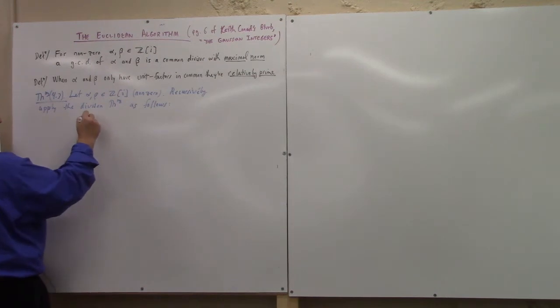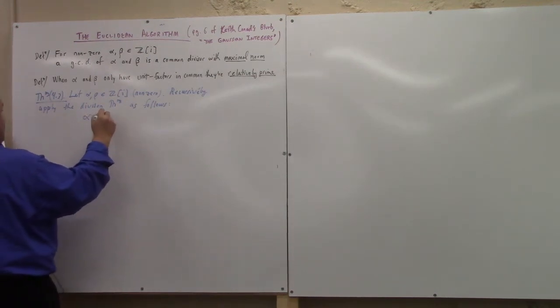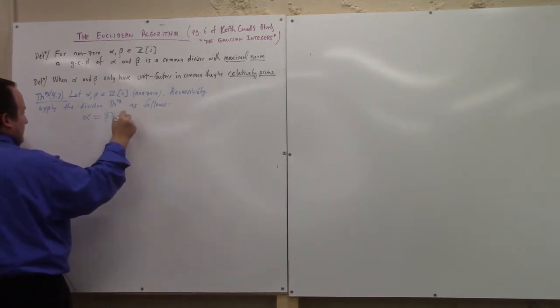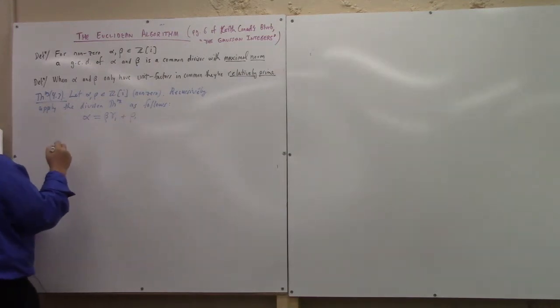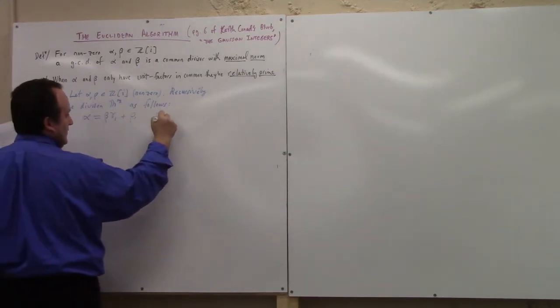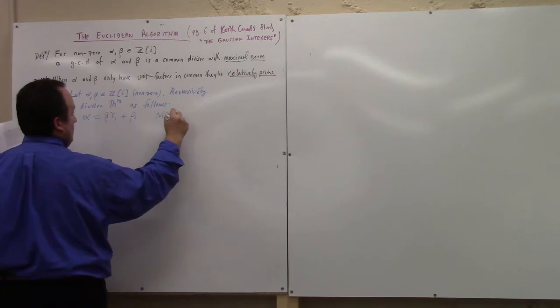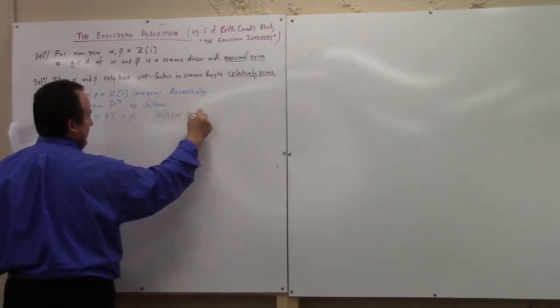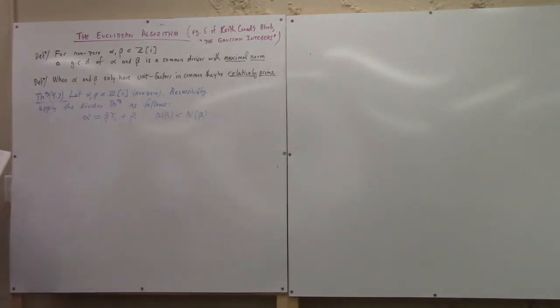So here's the deal. We write alpha equal to beta gamma 1 plus rho 1, right? And the norm of rho 1 is less than the norm of beta. In fact, we proved that we can pick it less than 1/2 the norm of beta, remember? The argument we gave last time.